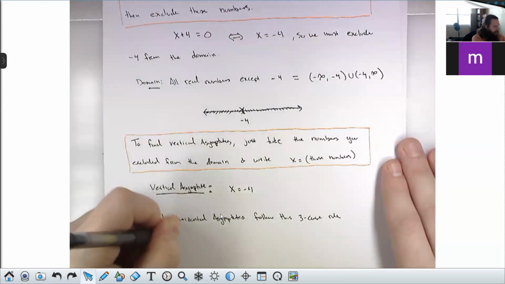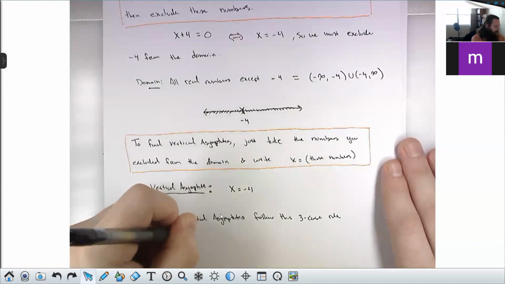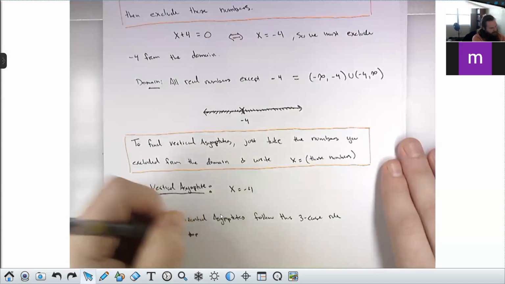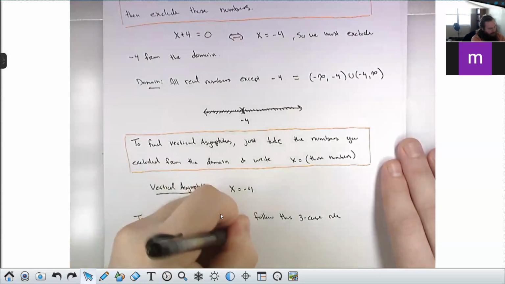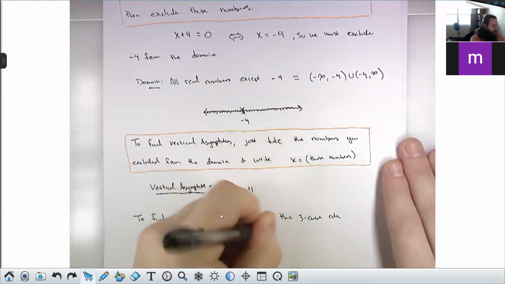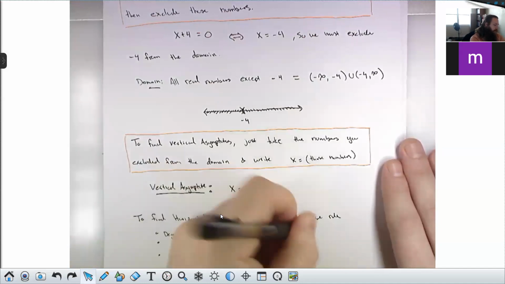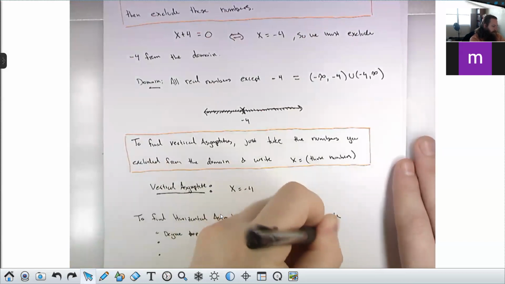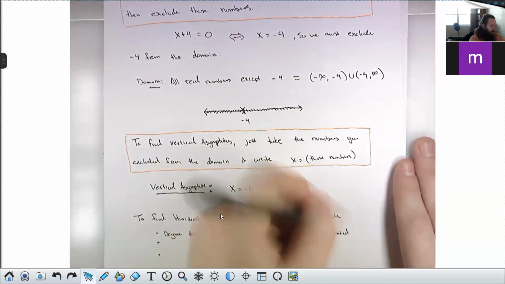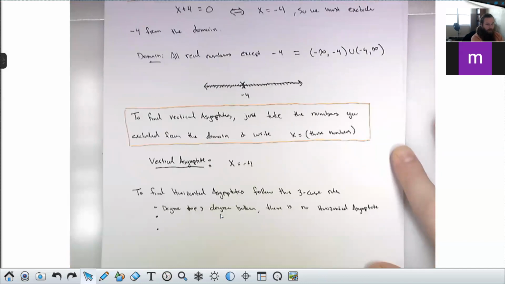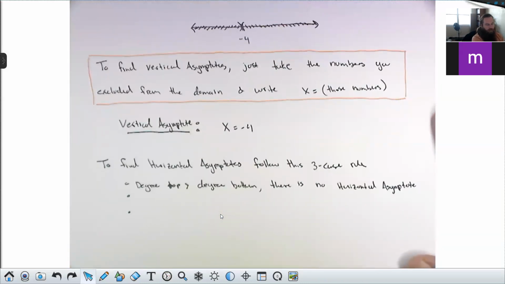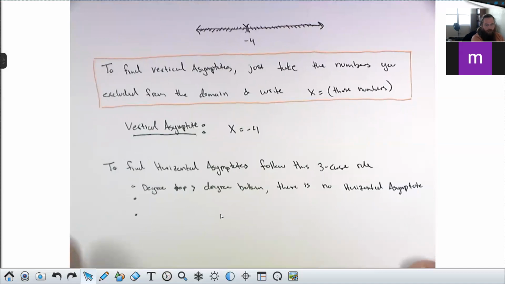If the degree of the top is bigger than the degree of the bottom, there is no horizontal asymptote. All right, so that part is simple enough. If the top is like a quadratic and the bottom is a linear, then that rational function has no horizontal asymptote.